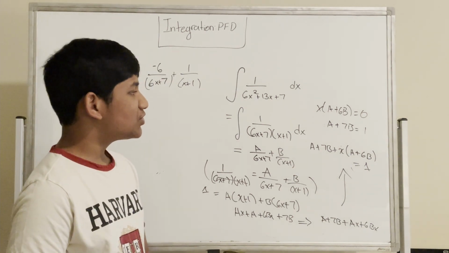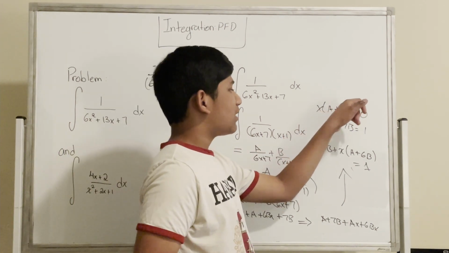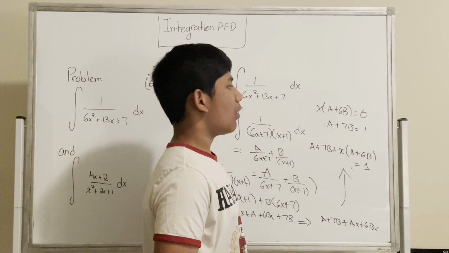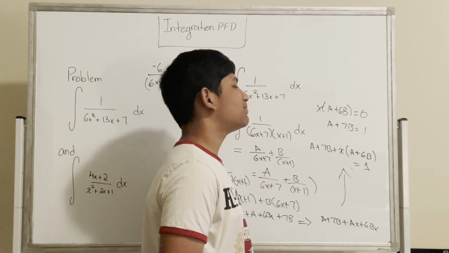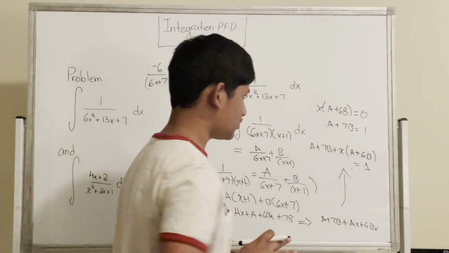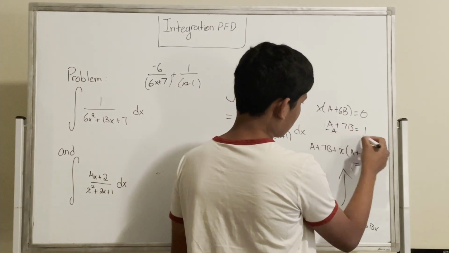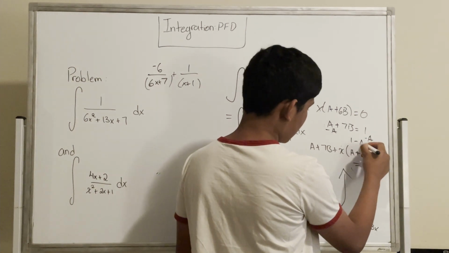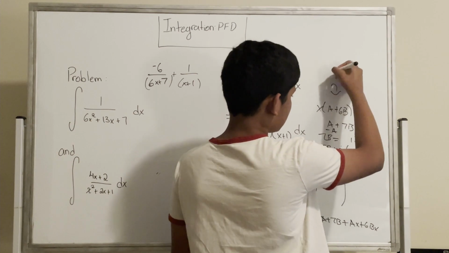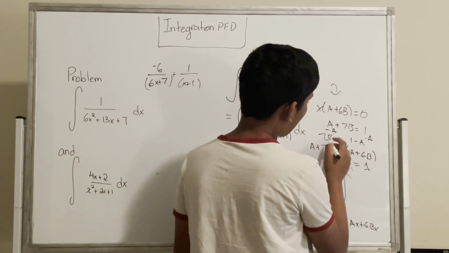Now we can start doing some algebraic manipulations, because if x times a plus 6b equals 0, then we can state that x must equal 0, or a plus 6b is equal to 0. So let's just do a method of substitution. As you can see over here, let's say that 1 minus a is equal to 7b. Let's plug this in. Well, we have to divide by 7.